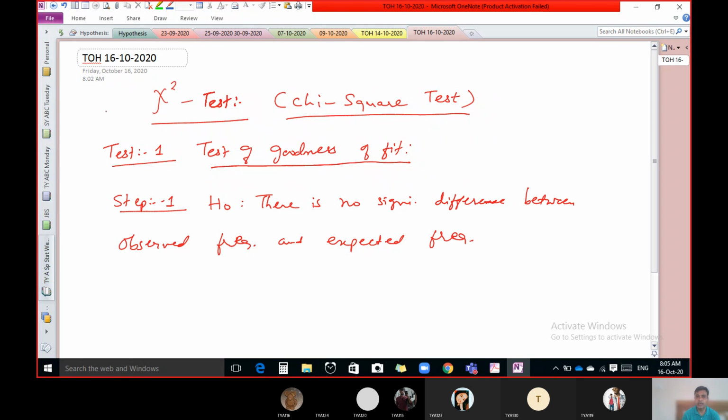Once again, here the null hypothesis is there is no significant difference between observed frequency and expected frequency.